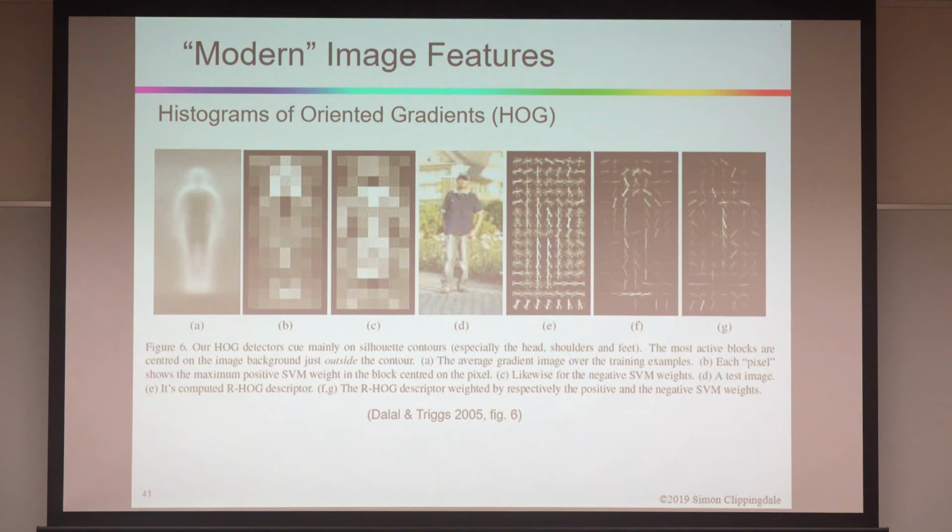This kind of feature is often used for pedestrian detection, trying to detect people's whole bodies appearing in camera images like this. A lot of this kind of feature has been used for self-driving cars to detect pedestrians stepping out into the road, for example.